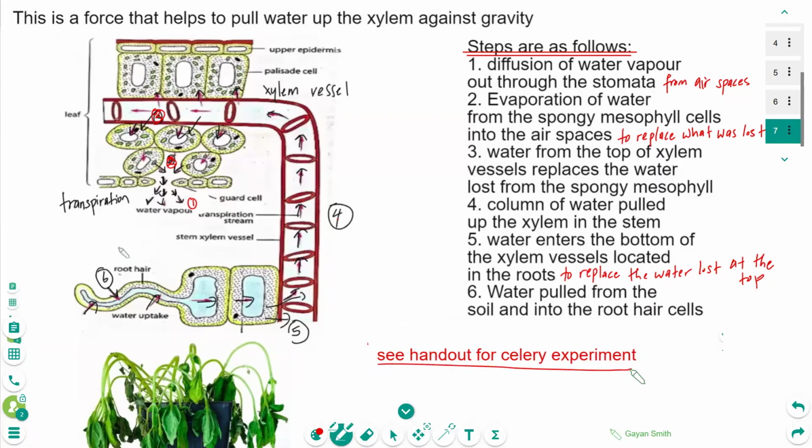So that when you're going back through your notes, you can see where there is a handout you should look for. So there's a handout I'm going to discuss with you, and we'll be discussing the experiment with the celery stick, and you know that you should look up the handout to get that experiment.